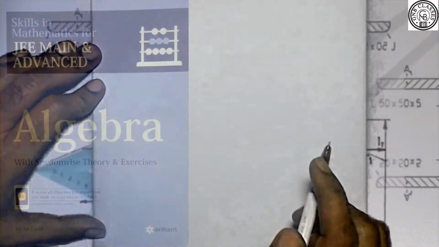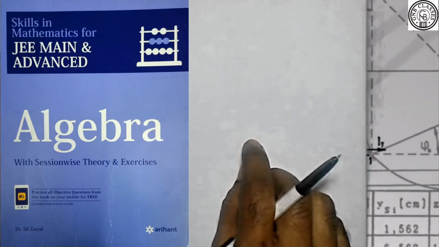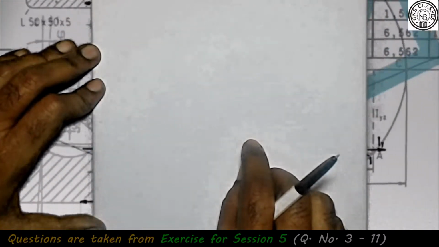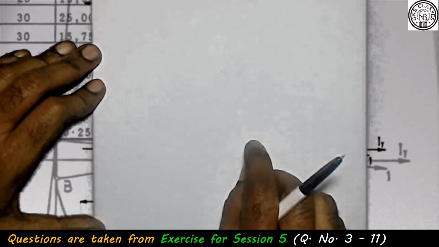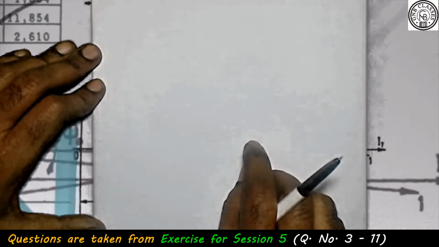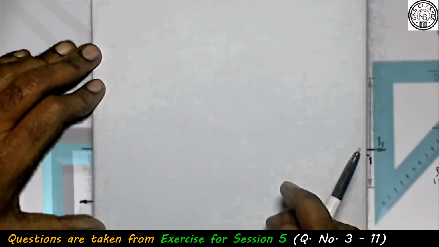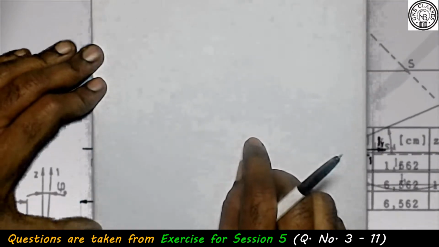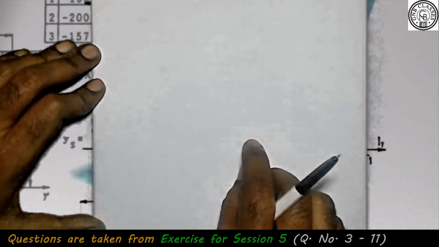Questions are picked from the Arihant book Algebra by Dr. S.K. Goel. These questions are from exercise for session 5. Questions number 3 till 11 are the questions which we can do with the knowledge that we have gained in the previous two classes. So here I will be solving questions number 3 till 11 of exercise for session 5.